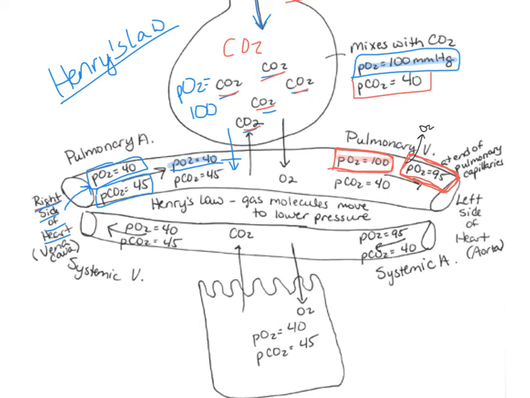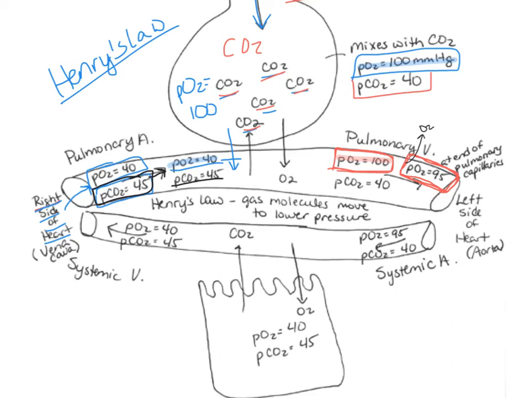All right? If we look at carbon dioxide then, the carbon dioxide levels are higher in the pulmonary artery. They're coming from the tissues, where tissues just created a bunch of CO2 and then dumped it into the blood. So now the CO2 is coming back to the alveolus.